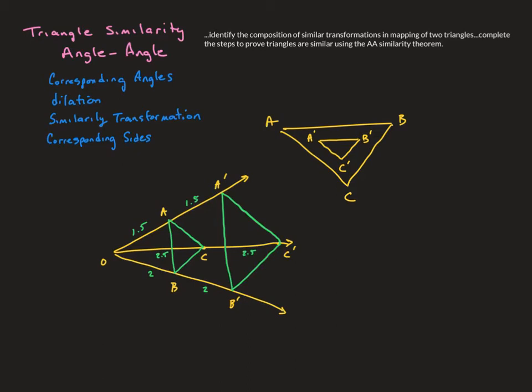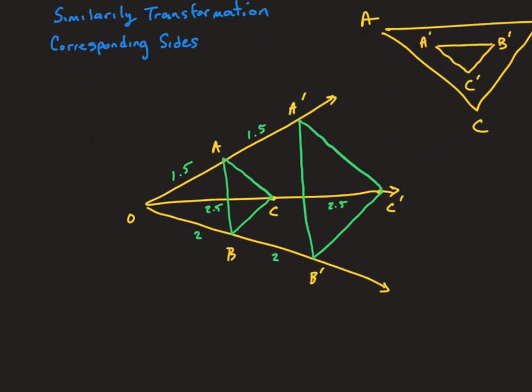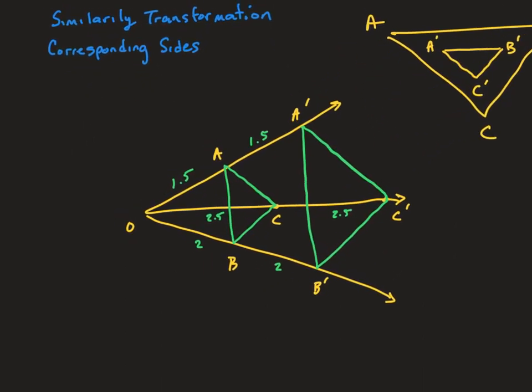So as I mentioned, if we look at this, we have an image drawn of a dilation, and the center of dilation is going to be O. So I have a dilation.